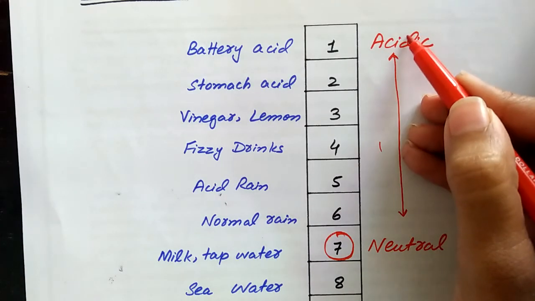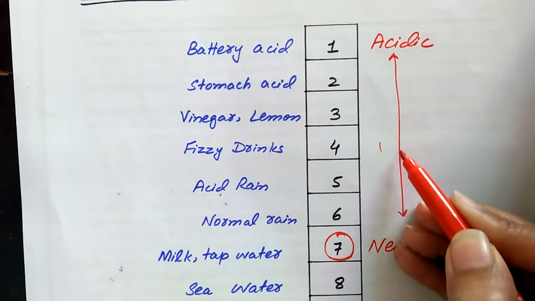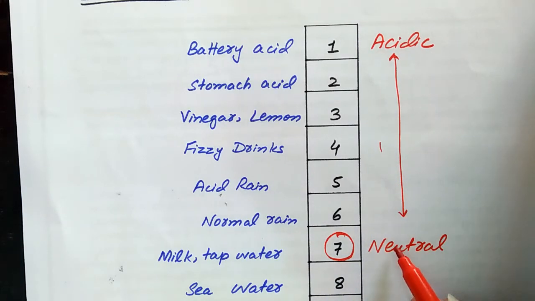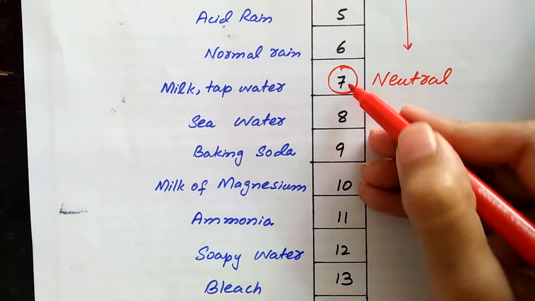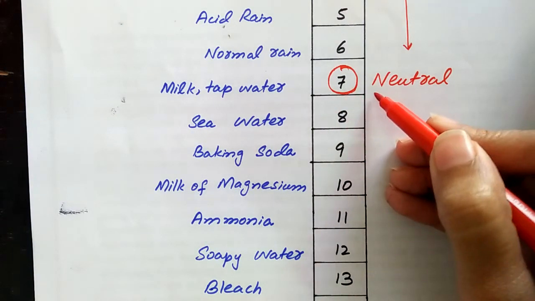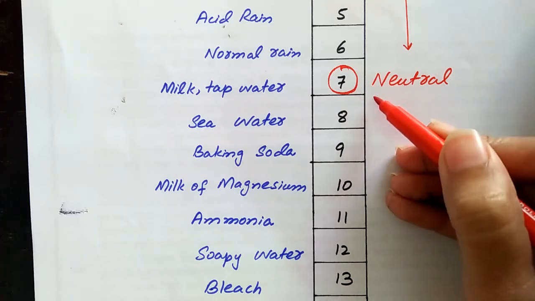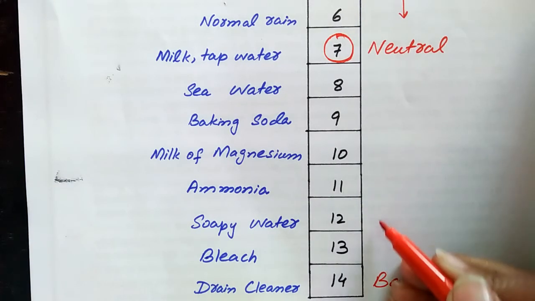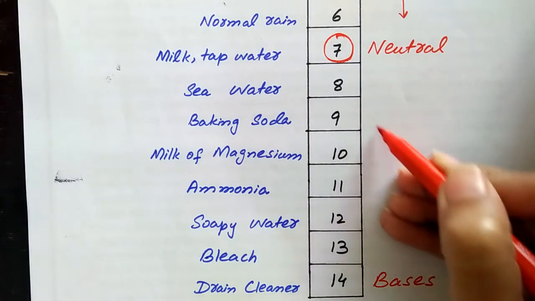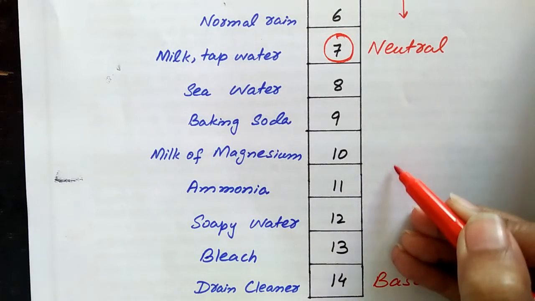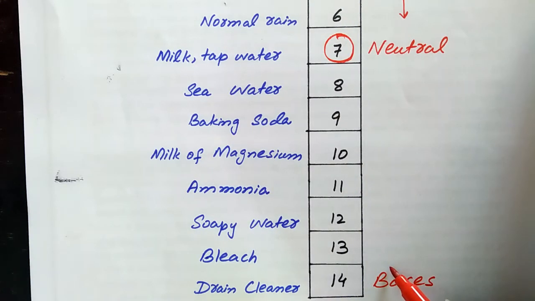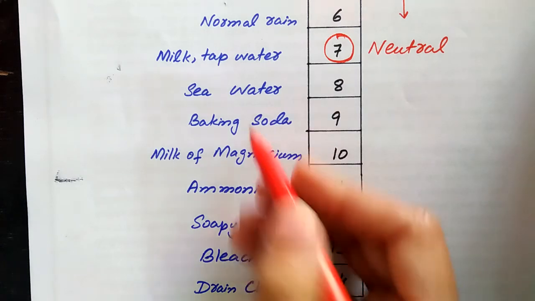Now from the stronger acid we are moving to the weaker acid, and then a point comes that is pH 7, which is neutral in nature. Then when we move toward 8, the substances are getting closer to the bases. Weak bases are here, and when we move further towards 14, we get stronger bases.